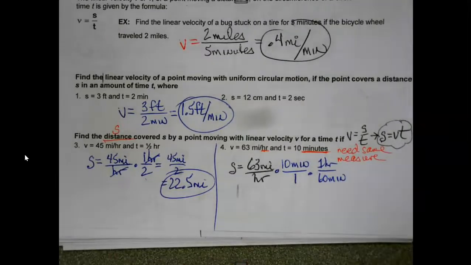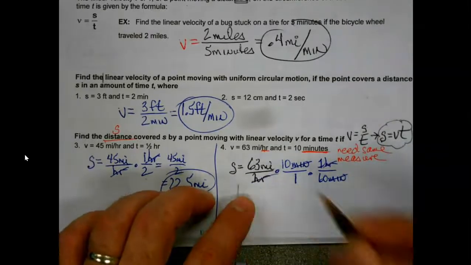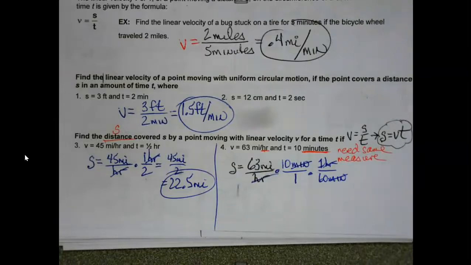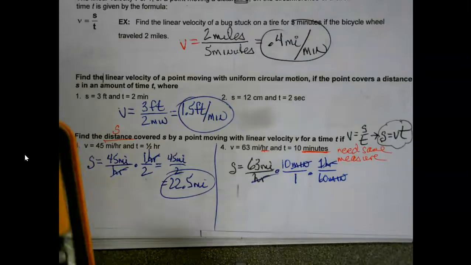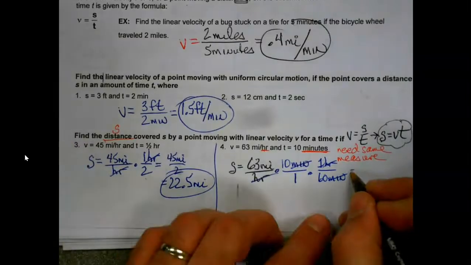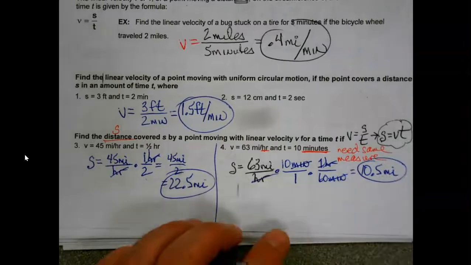Now, you have two ways, and I'm going to show them both here because everybody thinks a little bit differently. Some of you are like, okay, Hardy, you're making this harder than you need to. I mean, I can multiply 63 times 10 and then divide it by 60. 10.5 miles, because again, it's a distance.